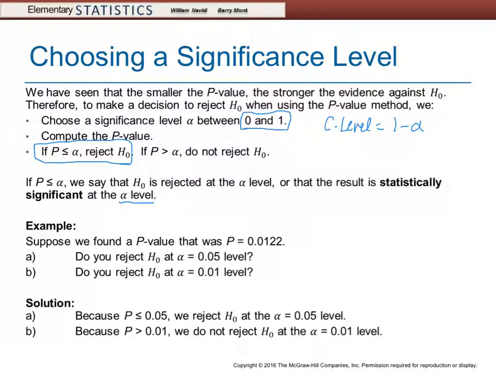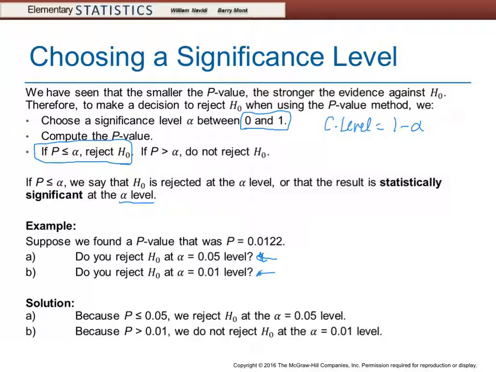Suppose we found a p-value equal to 0.0122. The question is, do you reject H0 at alpha equal 0.05? Well, you'll check that in just a second. Do you reject it at the 0.01 level?